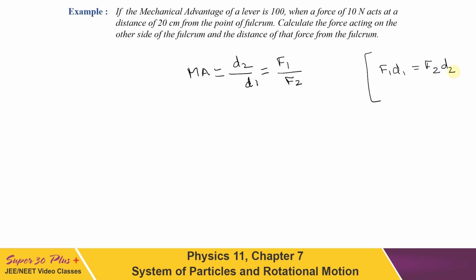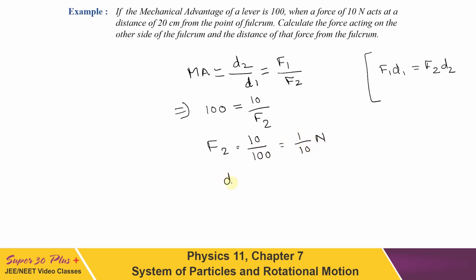So here it will be d2 by d1 is equal to F1 by F2, and mechanical advantage is given here, that is 100. So 100 is equal to 10 upon F2. By this we will get the value of F2, which is equal to 10 upon 100, that is 1 by 10 Newton.